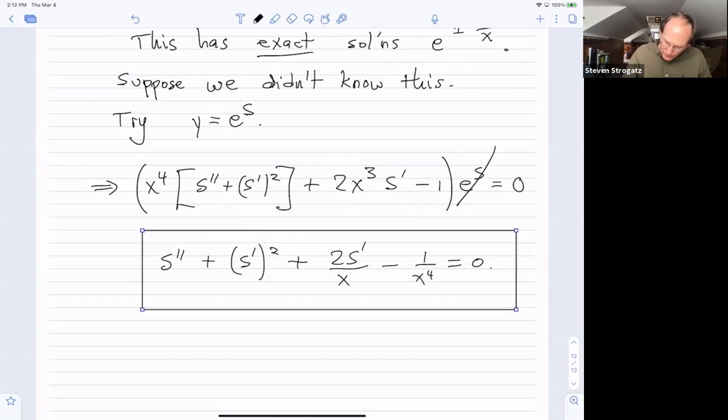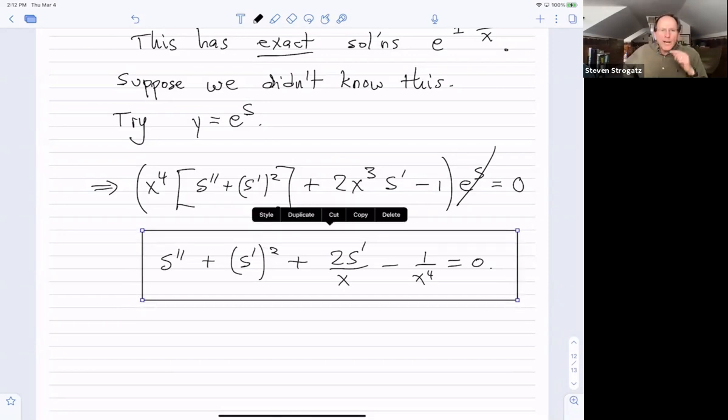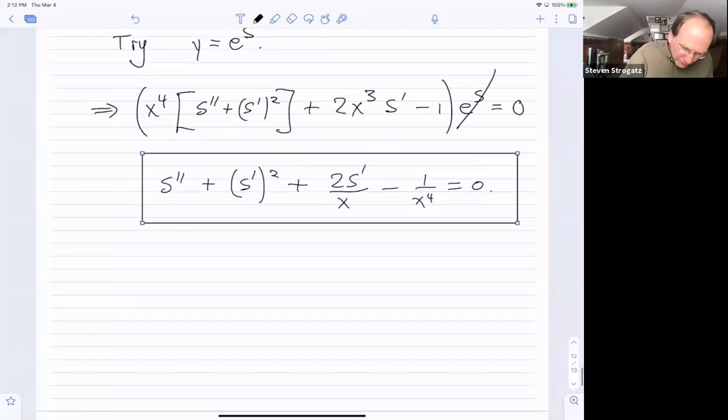So I want to try to figure out what's going on with that for x near 0. And the argument that we would make is what the book refers to as dominant balance. You try to compare the size of the different terms for x near 0.